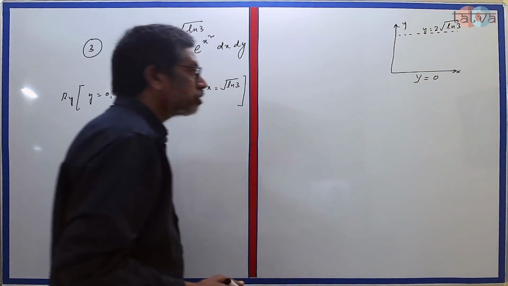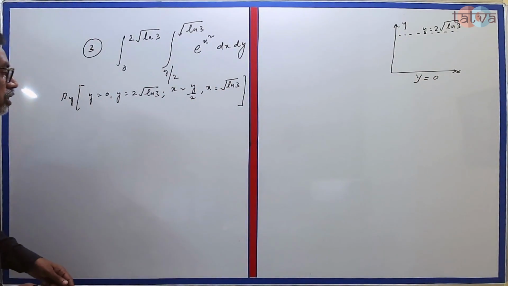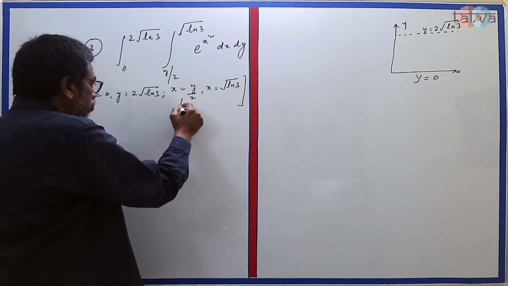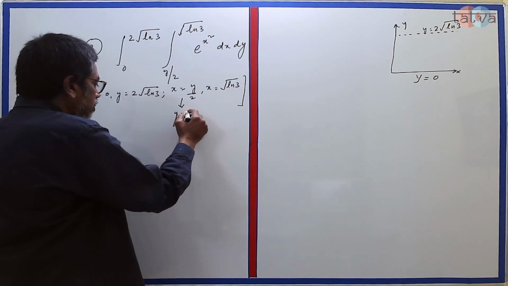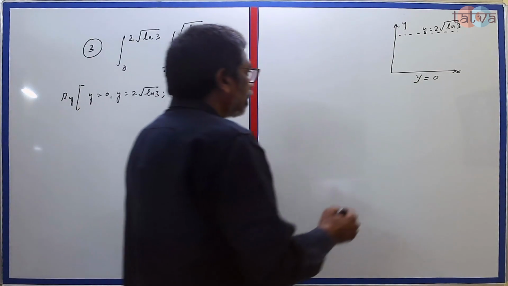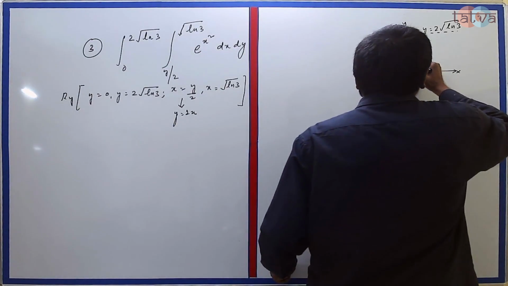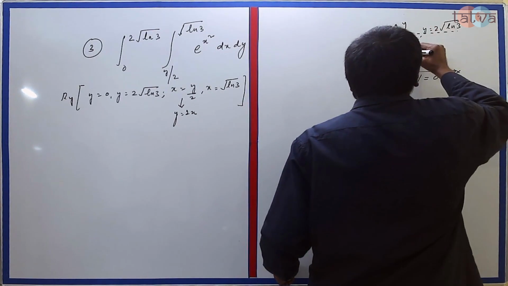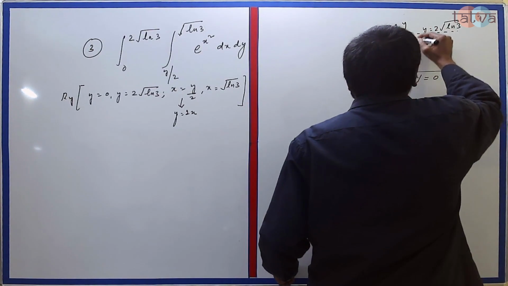So in this horizontal frame, let us see what are the other equations. x is equal to y by 2 can be seen as y is equal to 2x. That means it's a line passing through the origin, which may appear like this. So I'll write x is equal to y by 2 there.